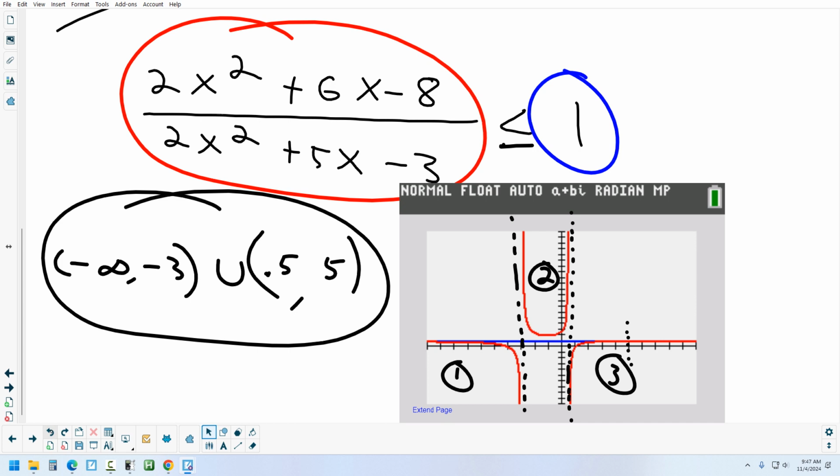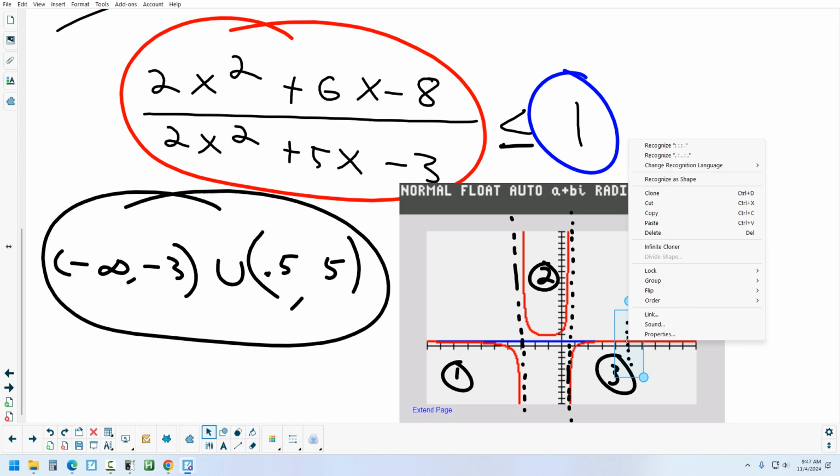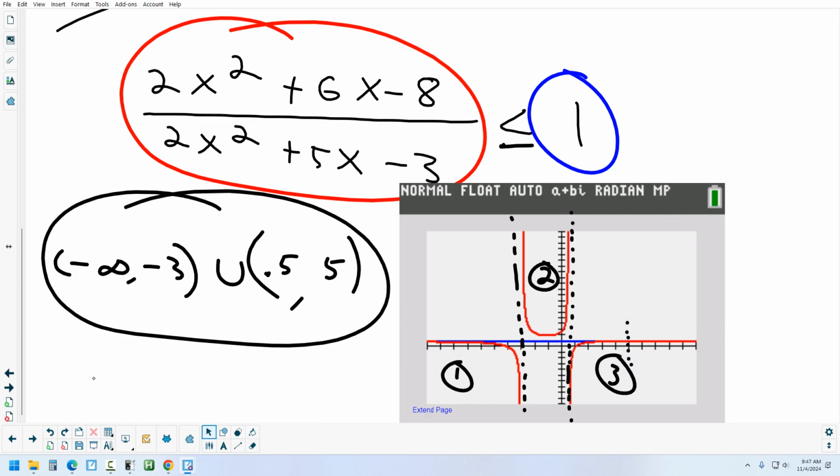You can never include an asymptote. You also can't put a bracket on negative infinity, because you can't reach negative infinity. The only thing that would be able to include is where they're exactly equal, and that would be right at 5. So if it said less than or equal to, all you do is make that symbol a bracket. That's the only thing that would change.